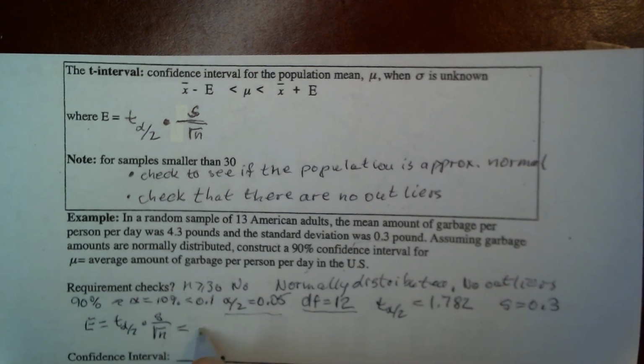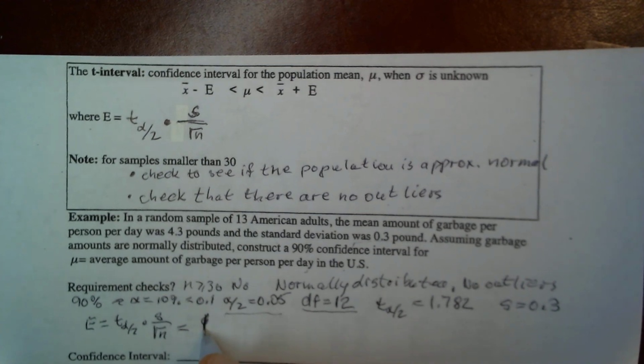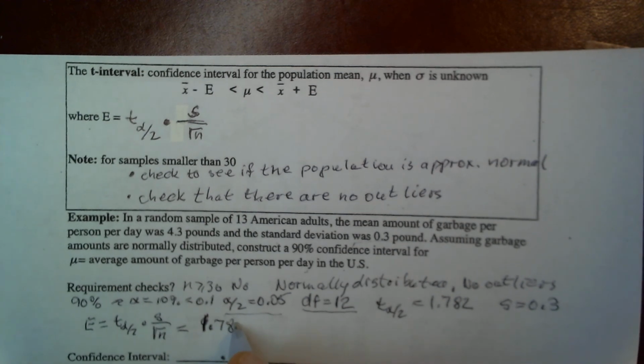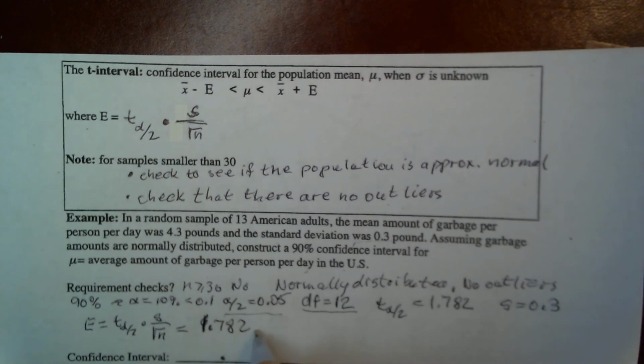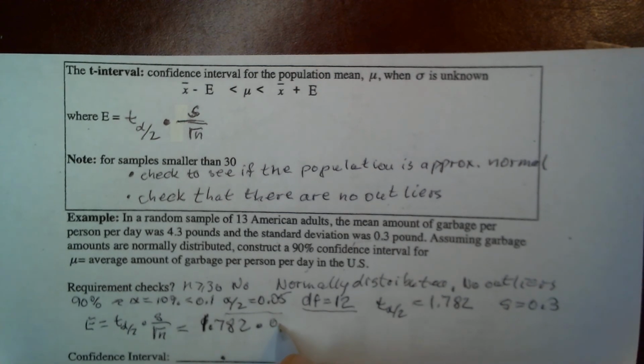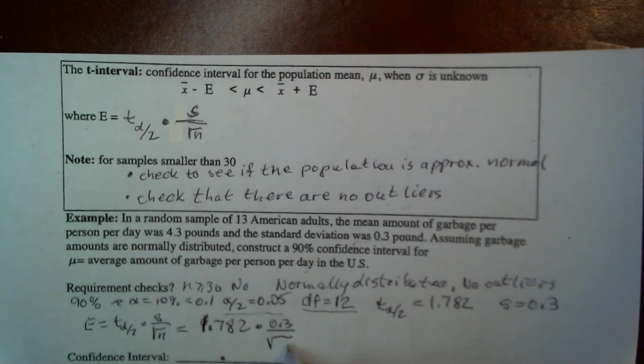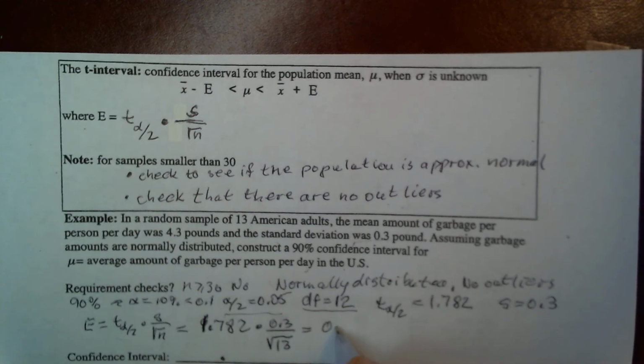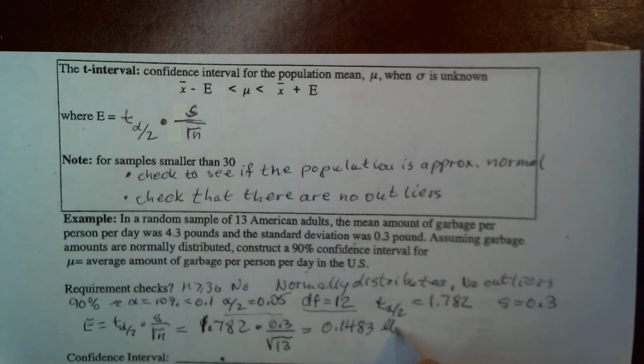So our margin of error is 1.782 for t sub alpha divided by 2 times 0.3 divided by the square root of 13, and that is equal to 0.1483 pounds. So that's our margin of error here.